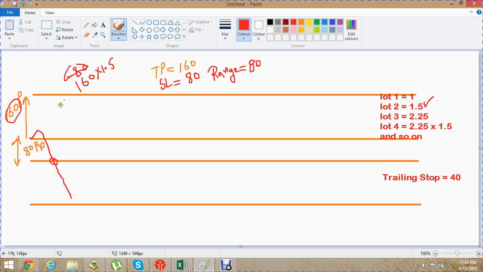We subtract the loss which our previous trade made, and that will be our net profit for this trade.